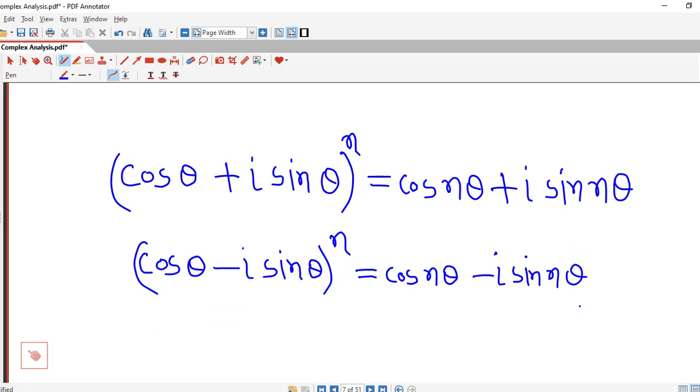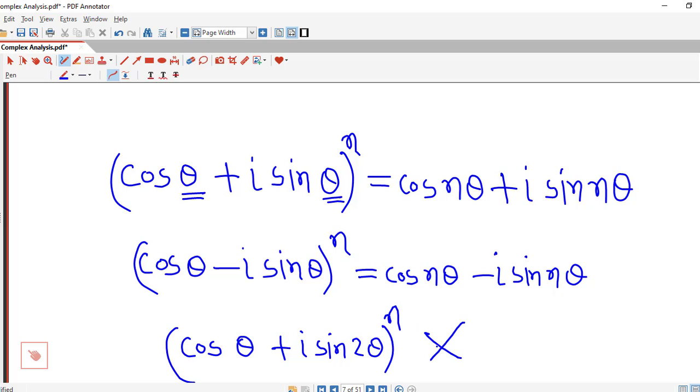The only thing we have to understand is the angle must be the same. Suppose I have a situation like cos θ + i sin 2θ, then here I cannot apply De Moivre's formula, because here the angle is 2θ and here it is θ. So the angle must be the same, and then we can apply this formula, with a negative sign as well.